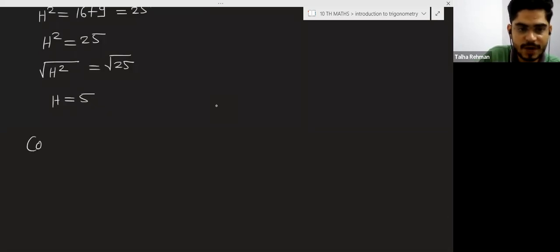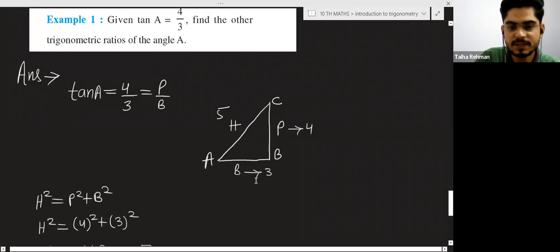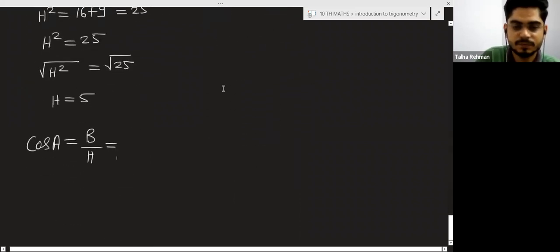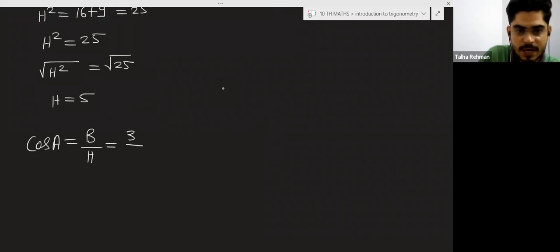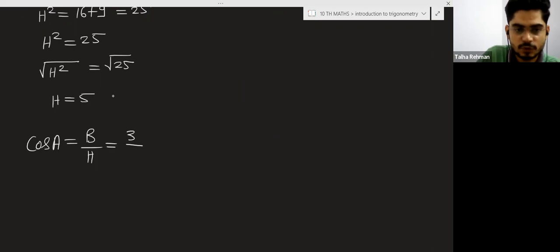So if I want to find cos of A, then cos of A is B divided by H. Base here is 3 and hypotenuse here is 5. So cos of A is 3 by 5.